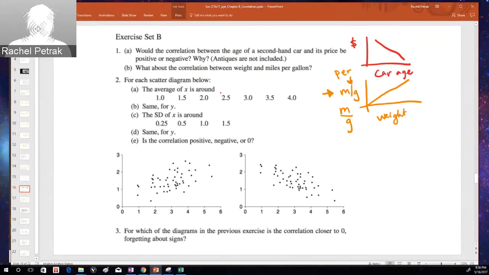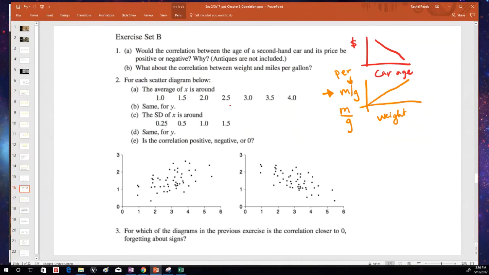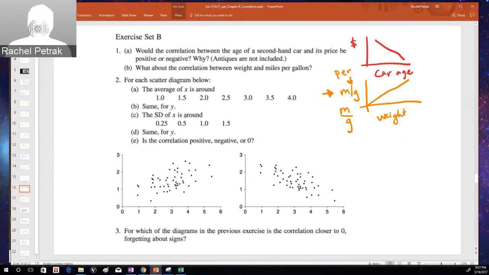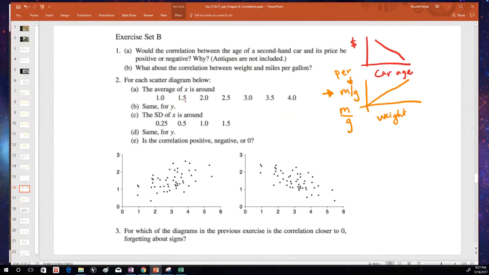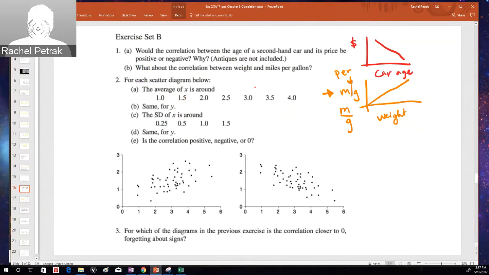So for each scatter diagram below, the average of x is around which of these numbers?